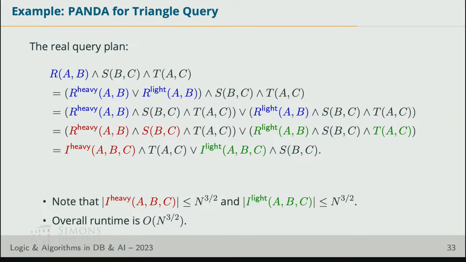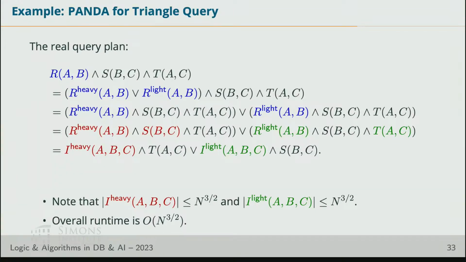Similarly, the light part is easier. Here, the degree of A is less than root n. So for every A, you have at most root n B's, and then you multiply that with the size of S, which is n. Or is it the other way around? I should probably define the degree with respect to B, but I think you get the idea. Oh no, it's fine.